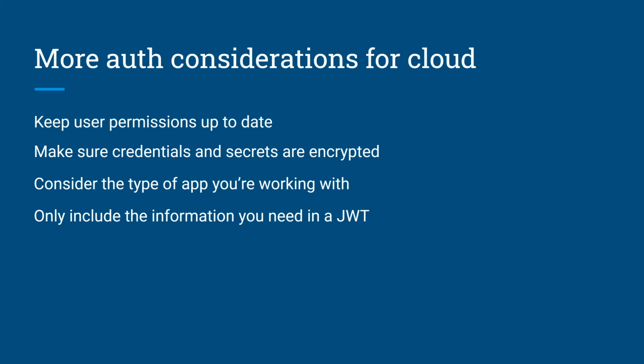So if you have some leftover user IDs or some leftover general user information, make sure that you're updating that and adding things as you need them, but please make sure you're removing things as well. Those JWTs can be decrypted by free online websites. So you don't want to have any plain text secrets or anything else you just don't want people to have access to or still have access to.